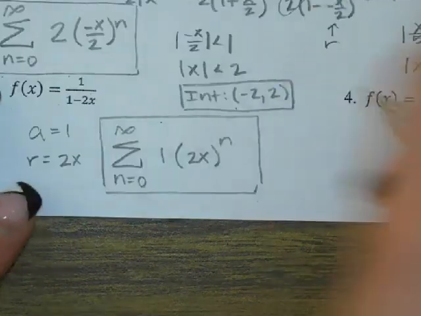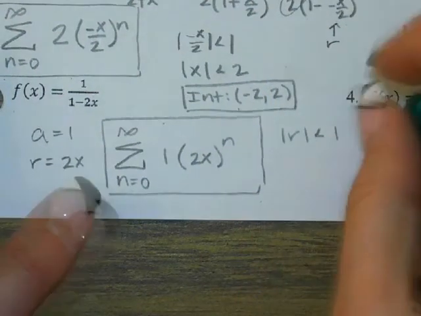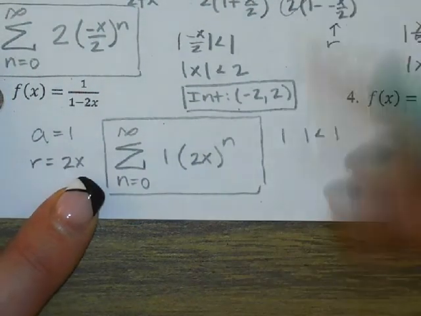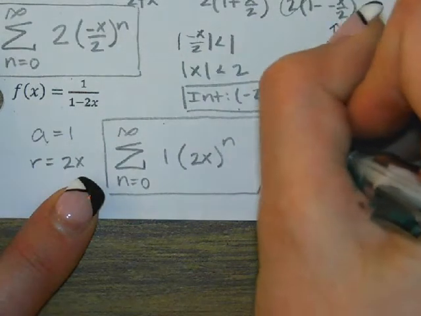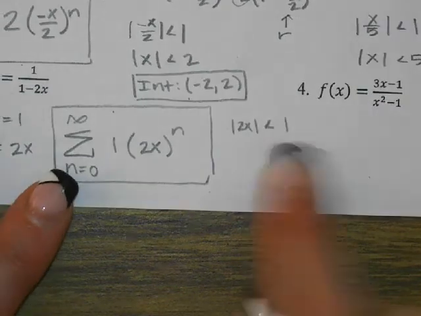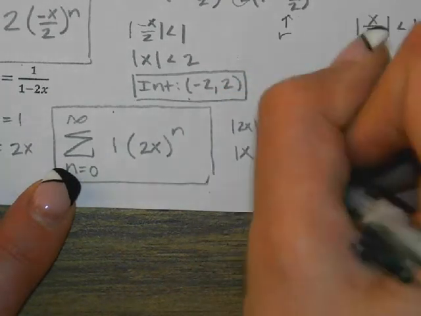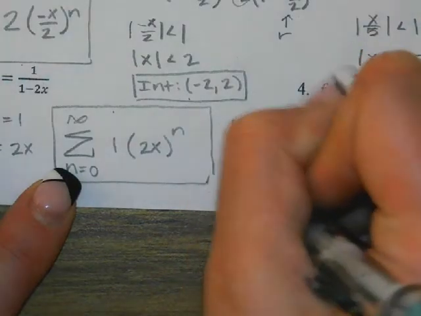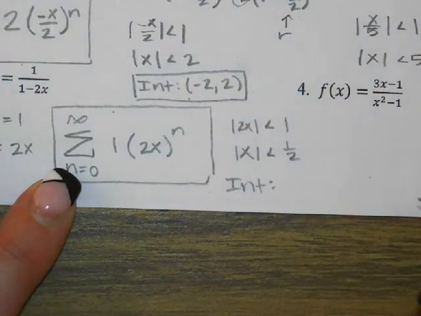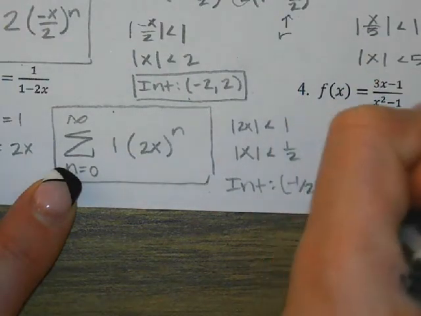And then we can go ahead and find the interval of convergence. So if I have 2x is less than 1, what should I do? Divide by 2. So x is less than 1/2, and then that makes our interval -1/2 to +1/2.